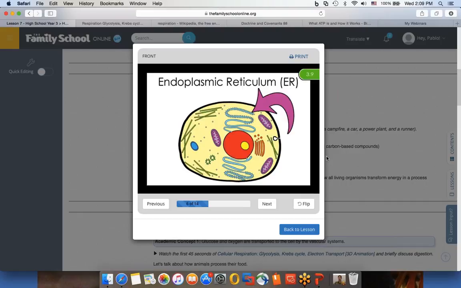What would those bumps be? Anna says ribosomes. Yes, they're ribosomes. So the ER processes the proteins that the ribosomes make.